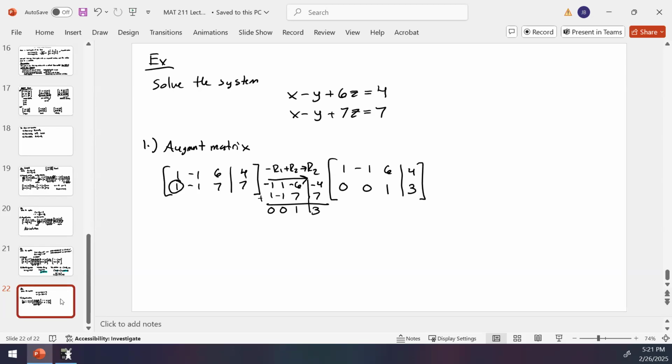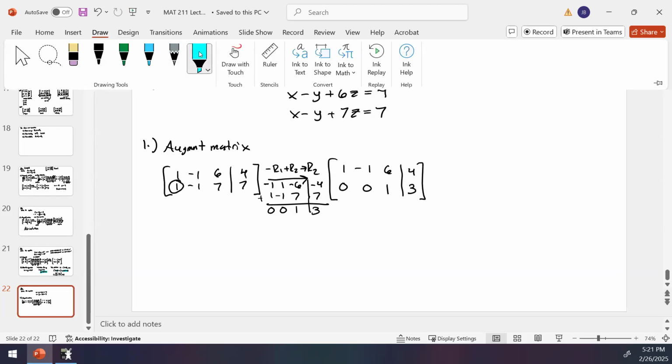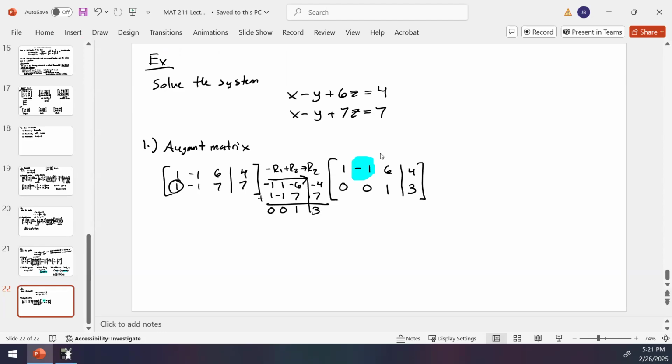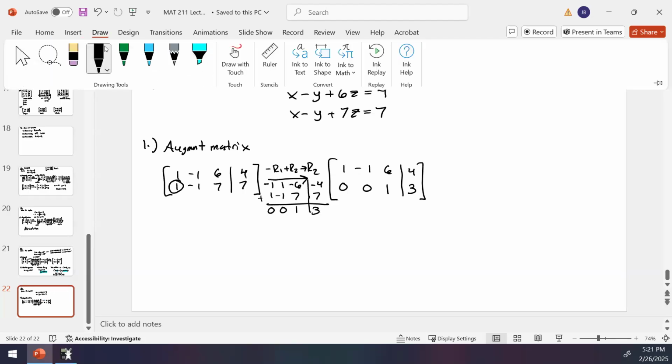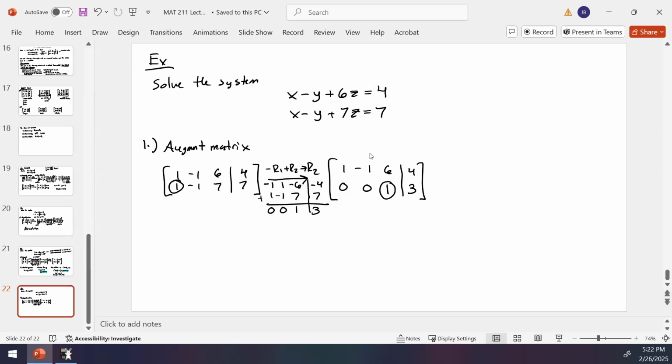Okay? So this is important. This -1 right here, you can't do anything to it because it's not the first number in a row. We call it a free variable, meaning it just hangs out. You don't have to really pay attention to it anymore. But the number I do need to eliminate is the number above and below the first place leader. So this 1 has to get a 0 above it. So we're going to eliminate the 6 now.